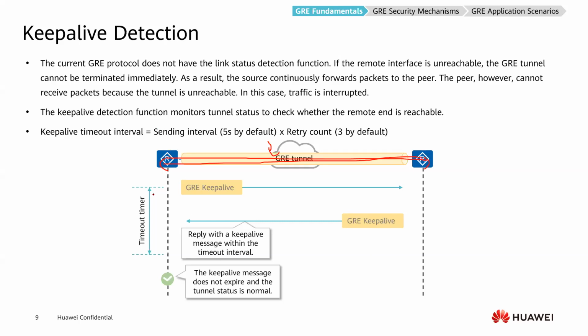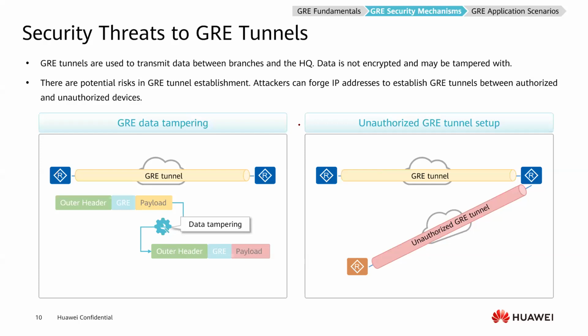But if, inside the timeout timer, a GRE keepalive is sent to me, I will know the other side is okay, so I will keep the GRE channel up. Okay, simple idea.